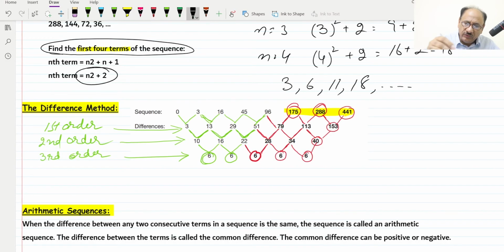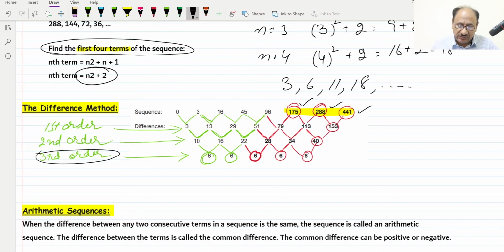This is how we found 178, 288, and 444. These are the terms which were unknown and we found on the basis of first, second, and third order difference. We reached the third order difference which was the same, and we used that difference to reach the terms.